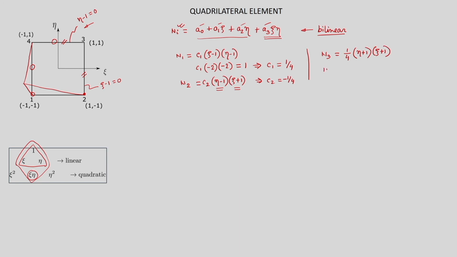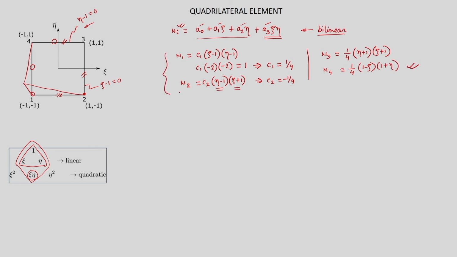Similarly N4 will be 1 by 4, and it has to vanish along xi equal to 1, so that is 1 minus xi, and along the other edge, so that is 1 plus eta.